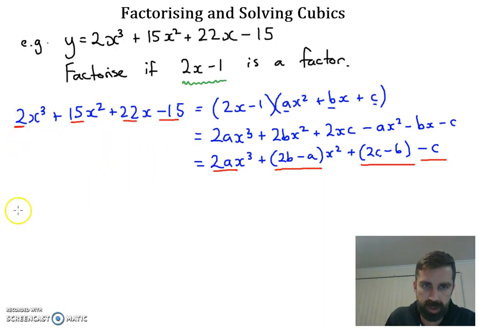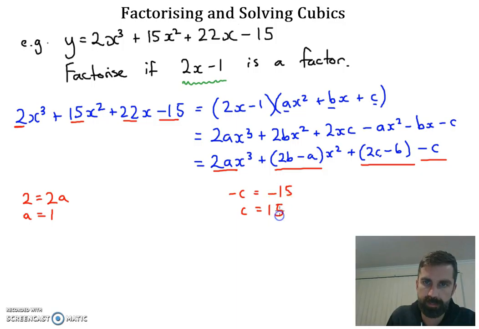So if we look at 2 and 2a being equal, 2 equals 2a, that tells us that a equals 1. If we look at our constant, we've got negative c equals negative 15. So c equals 15.